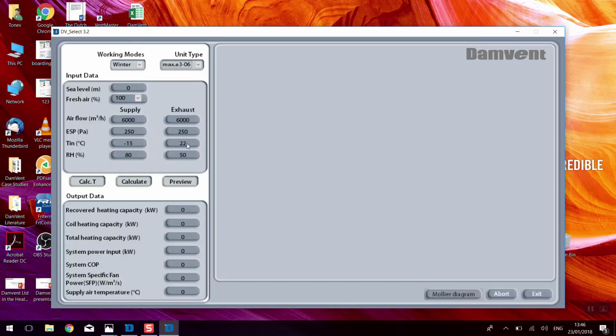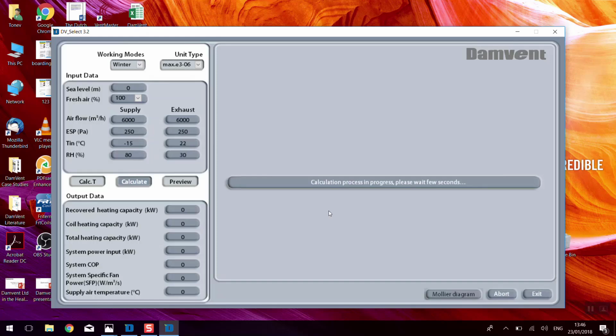As the extract temperature from the room, we always put 22 degrees. We believe that below 22 the temperature is not that comfortable, so we always rely on 22. I will change it here to 30%, and now we can perform one calculation.